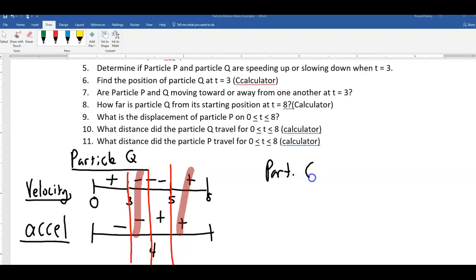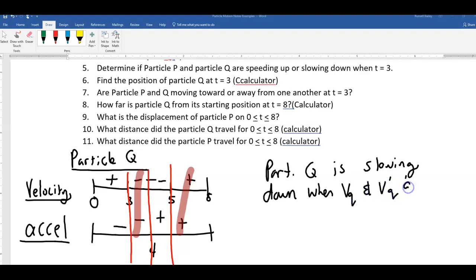Particle Q is slowing down when v and v prime have opposite signs.